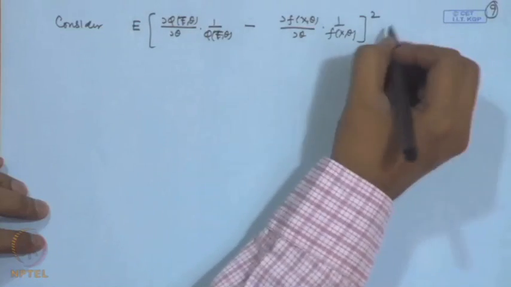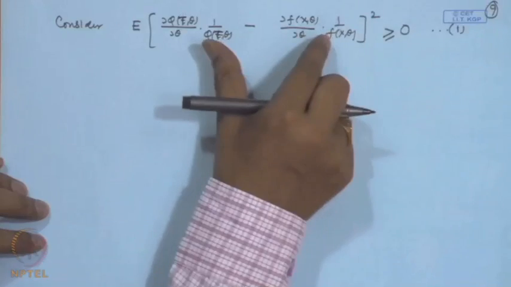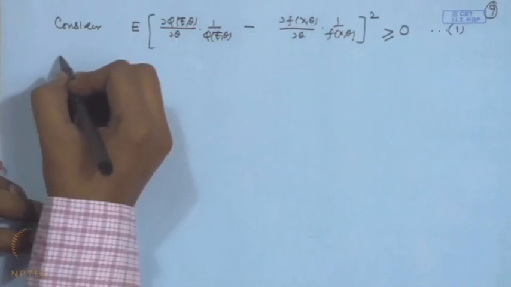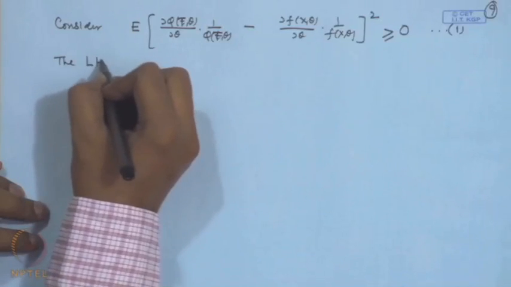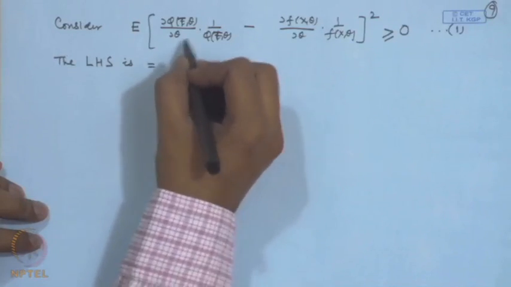This term is going to be greater than or equal to 0 because this is a perfect square term. Now, let us expand the left hand side. The left hand side is equal to, now you expand this.